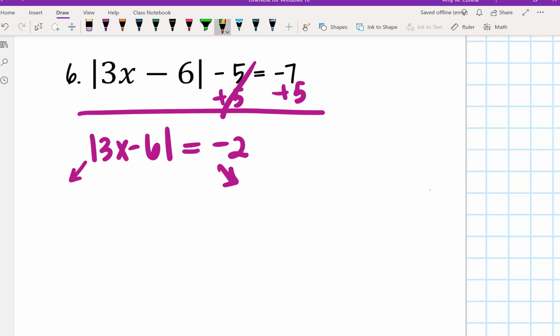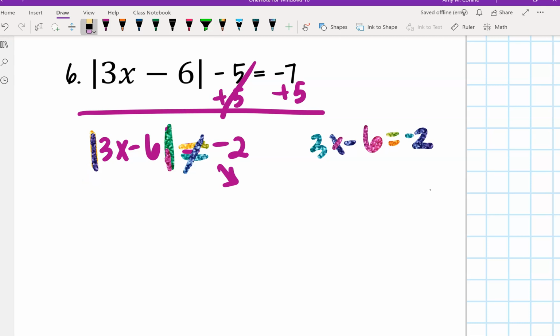We are done because an absolute value cannot equal a negative number. 3x minus 6 can equal a negative number, but an absolute value that is completely by itself cannot equal a negative number.